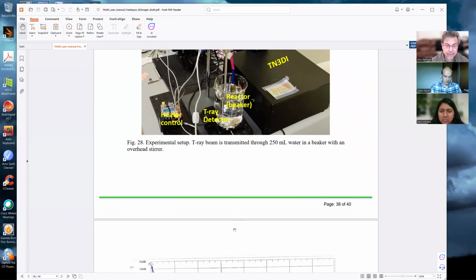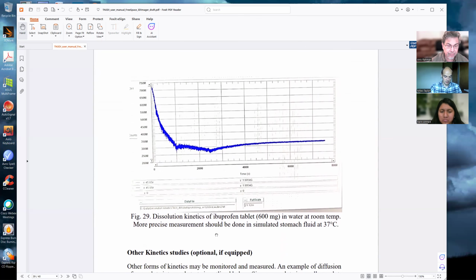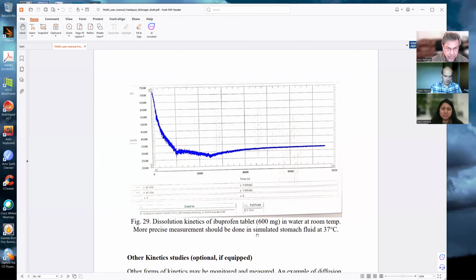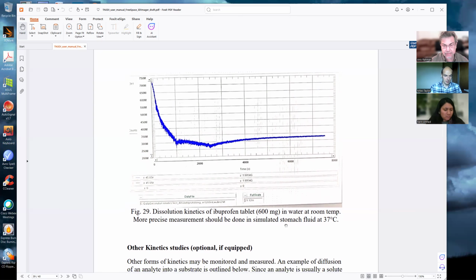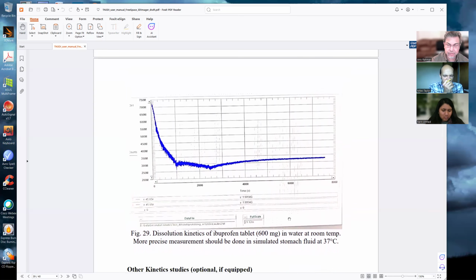For example, here is a set of data. As you can see, we put the dissolution kinetics of an ibuprofen tablet, 600 milligram, in, actually it's in stomach fluid, not water. This data could be water at room temperature, but there are other data which are more precise. Another experiment somewhere was in simulated stomach fluid.